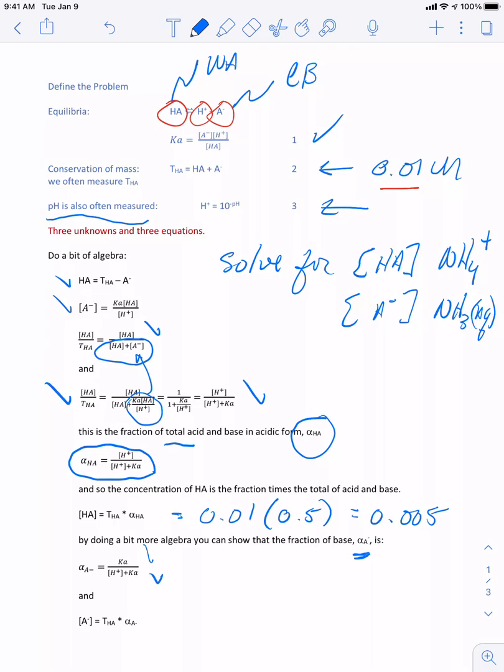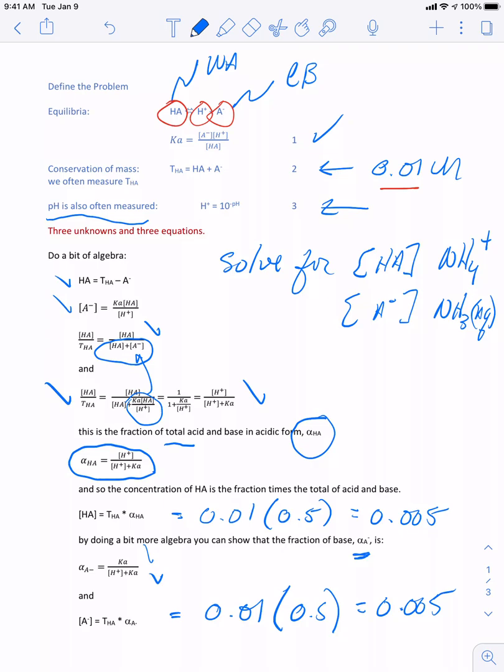So following up, the A minus concentration is going to be equal to the total concentration times alpha A minus. And so, we can do 0.01. And let's face it, if it's half acid, it's also half base, 0.005.